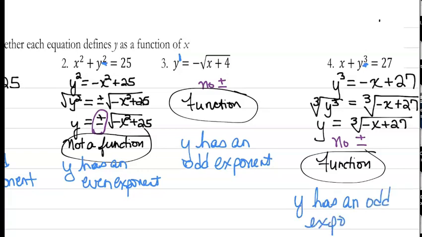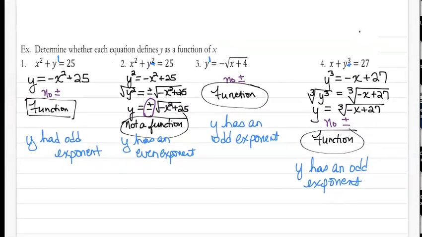That's an odd exponent. Every time y had an odd exponent, we ended up getting a function. Whenever y had an even exponent, we ended up with not a function.